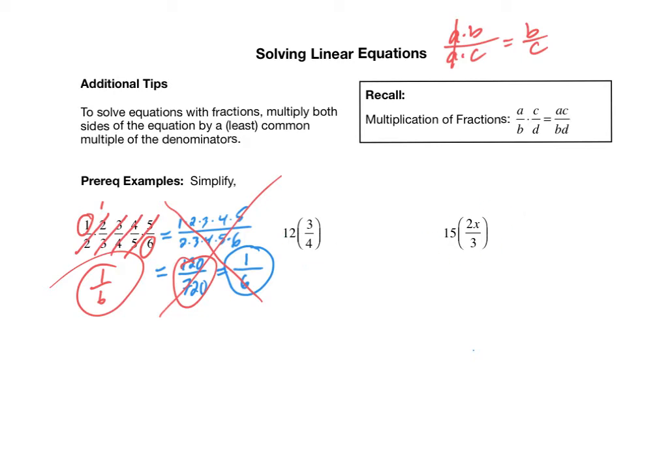That's how we're going to approach this problem and this problem. With this problem, notice that we don't have two fractions. However, we can quickly make 12 into a fraction, and you don't necessarily need to write this if you know what's going on. But 12 is equivalent to 12 over 1. So instead of doing 12 times 3 is 36 over 1 times 4 is 4, not that 36 is a big number, I'd rather reduce first. So divide out common factors.